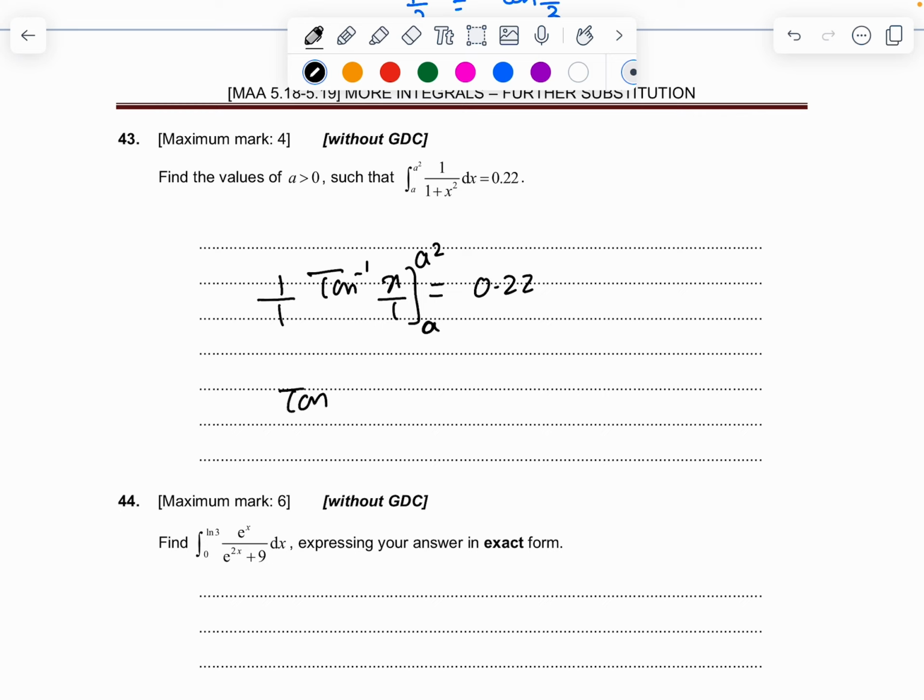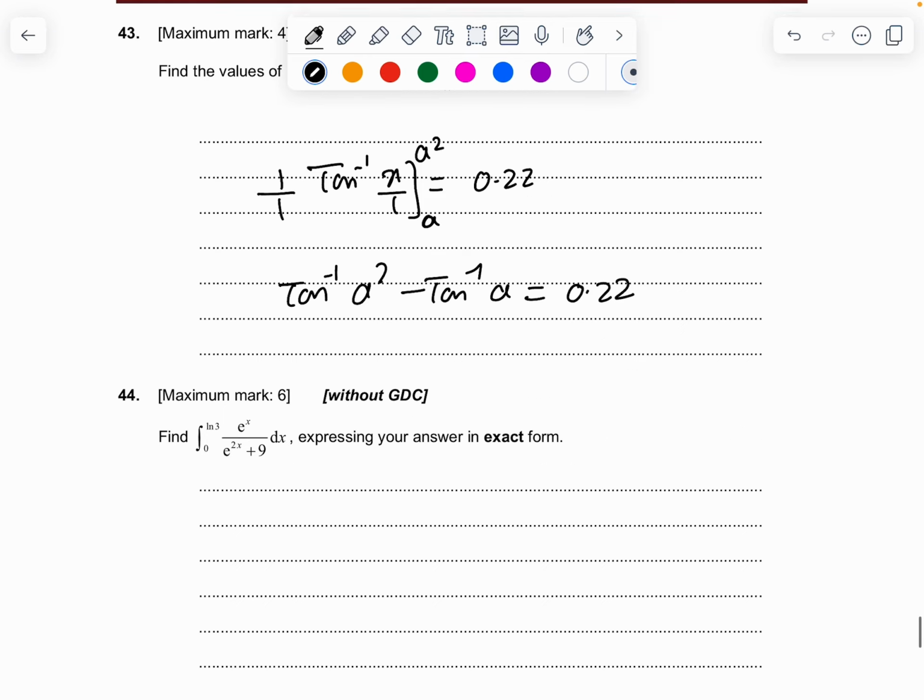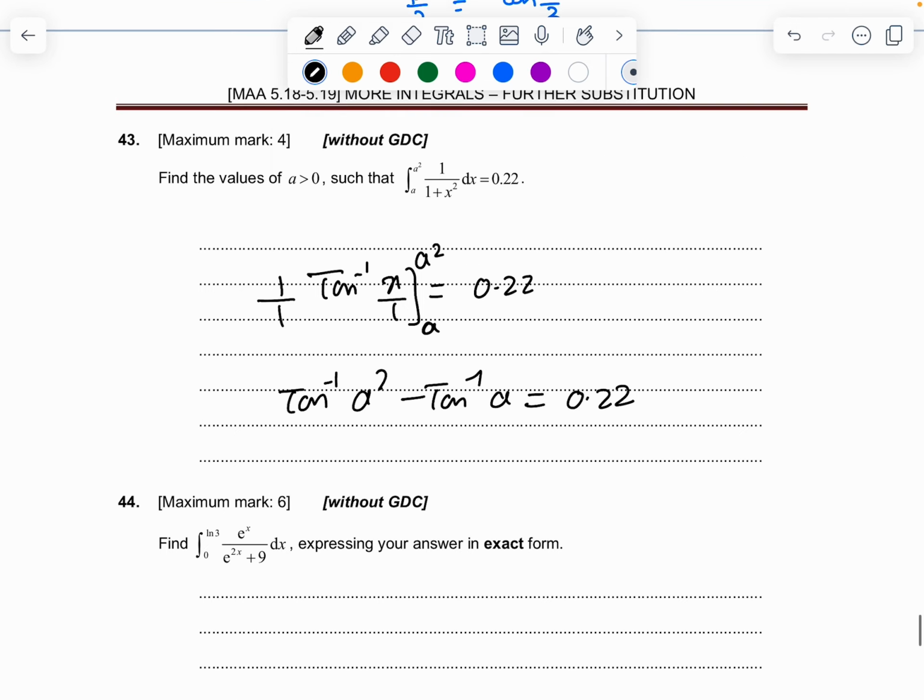So tan inverse of a square minus tan inverse of a equals 0.22. This one we have to do by GDC itself. Use the GDC, and by using the equation solver you will get the value of a as 2.04 or a as 2.62.